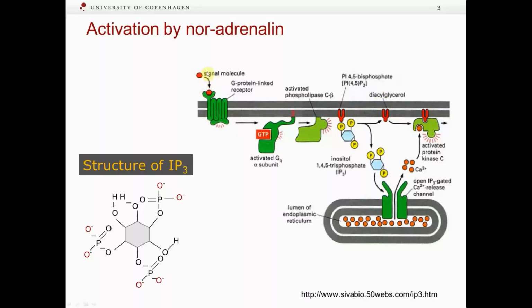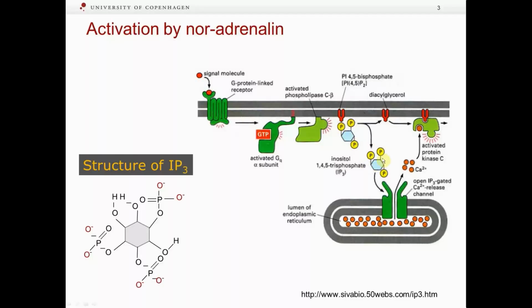Upon activation of a G protein-linked receptor by a signal molecule such as noradrenaline, activation of phospholipase C may occur, leading to cleavage of this bond between the diacylglycerol and IP3.